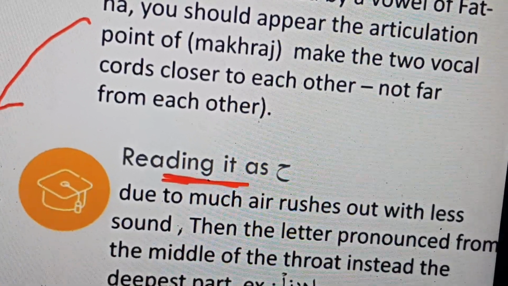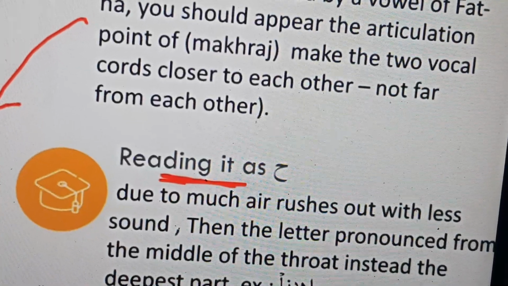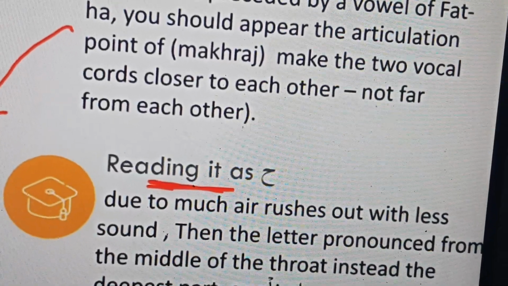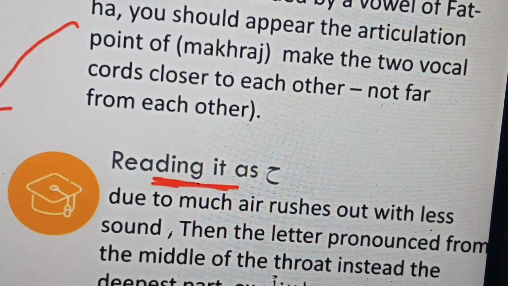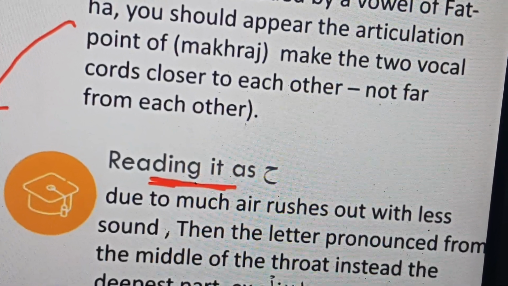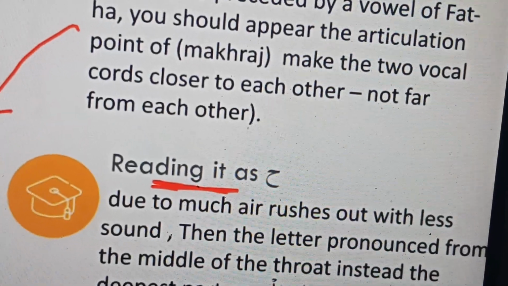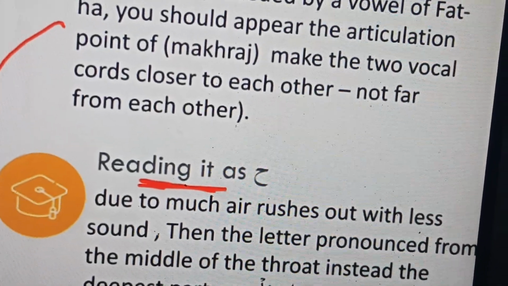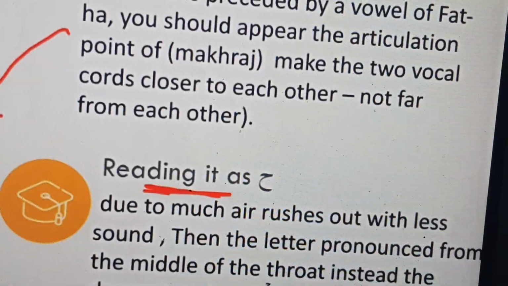This is okay. So the mistake in reading ha is because this much air rushes out with less sound, okay?